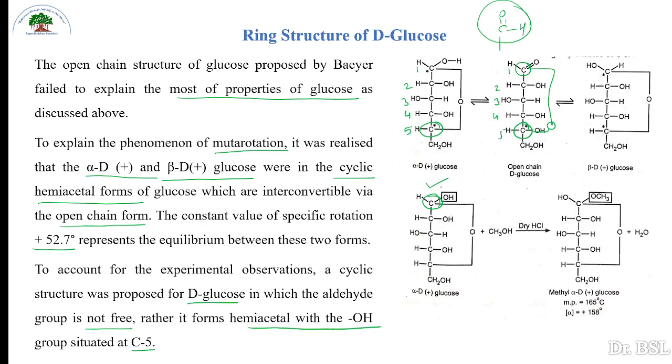So this will become an asymmetric center, and it gives rise to two isomers, and so we get alpha-D-(+)-glucose and beta-D-(+)-glucose. Alpha-D-(+)-glucose is the molecule which has OH on the right hand side, whereas beta-D-(+)-glucose has OH on the left hand side.